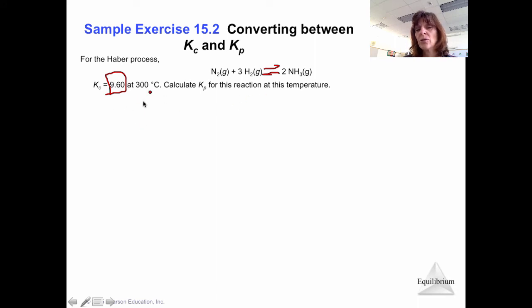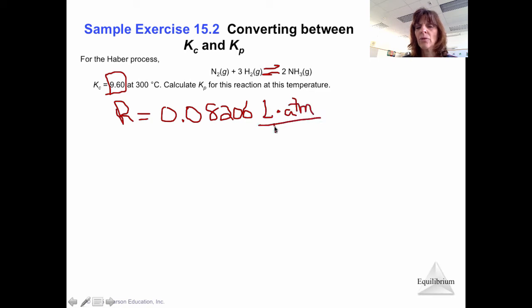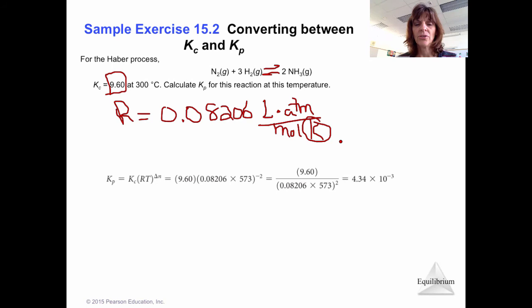Now, if you notice those units on the R value, again, R was 0.08206 liter atmospheres per mole Kelvin, then you should remind yourself that you have to use the temperature in Kelvin. So at this point, pause, calculate this problem, and come back. The answer should be 4.43 times 10 to the negative third.